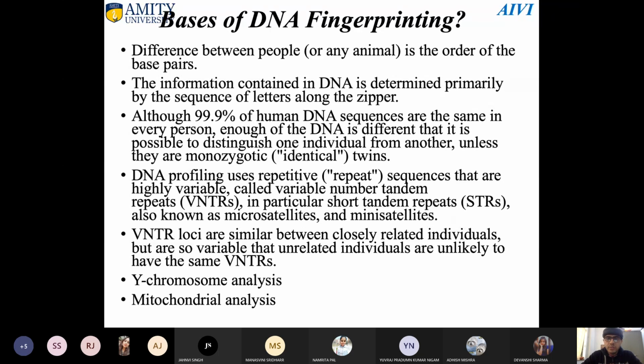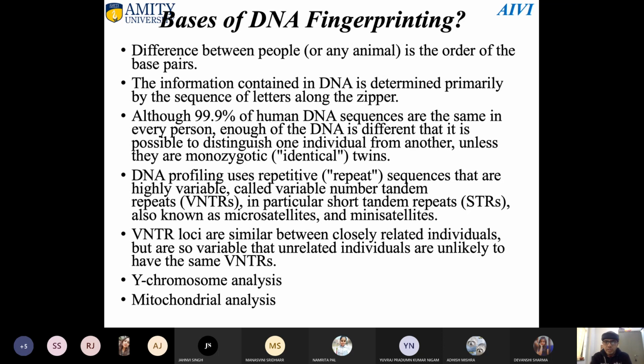By using it, if you have a DNA sample, then you can find a criminal, you can save innocent people, you can really prove who is the real criminal, and you can give justice to the victim.